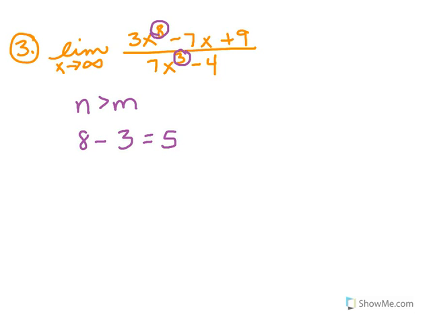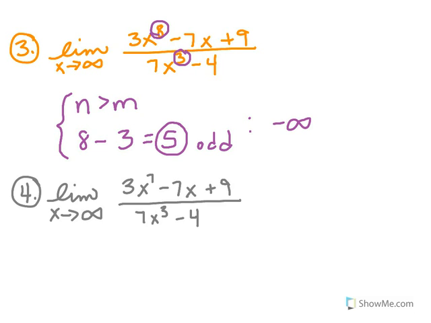So these two circumstances have to be true: n has to be greater than m, and the difference between those exponents has to be odd. If that's the case, this will always be approaching negative infinity.